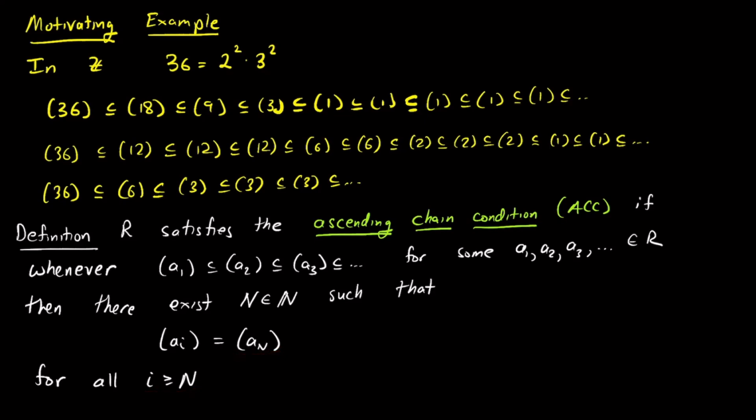So this is telling me that eventually I get to a point where I'm just repeating the same ideal over and over again. All the ideals have to stabilize at one ideal.